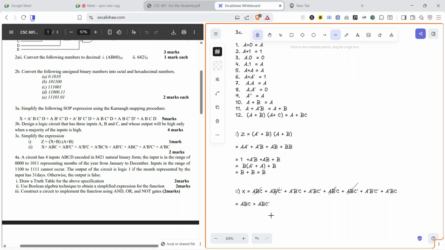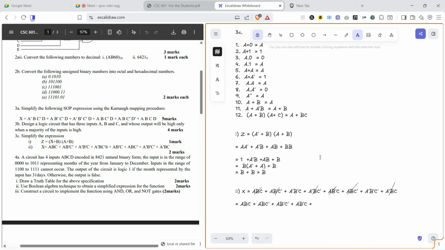So the second one, let me just arrange them together, plus AB bar C bar, plus AB bar C. Then we have this, A bar B C bar, and this. So this and this together.